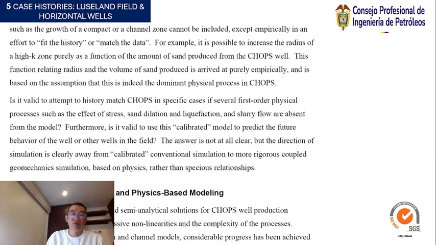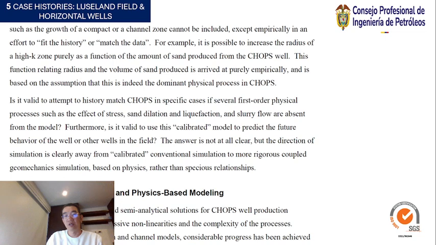Is it valid to attempt to history match CHOPS in specific cases if several first-order physical processes, such as the effect of stress, sand dilation, and liquefaction and slurry flow, are absent from the model? Furthermore, is it valid to use this calibrated model to predict the future behavior of the well or other wells in the field?